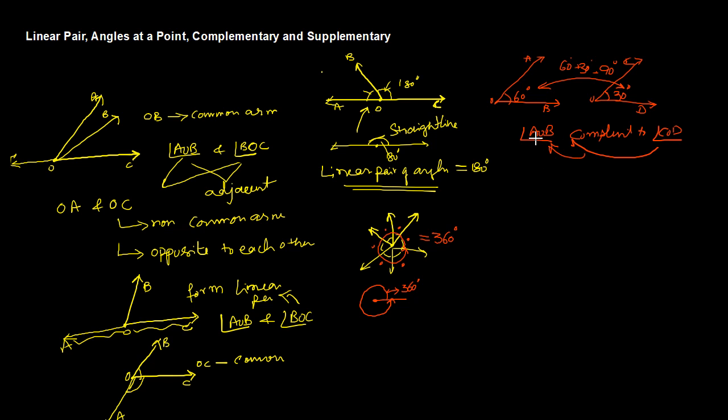In the sense, if I say this is complement to that, or that is complement to this, if I add these two angles, I am going to get 90 degrees. So that's what you need to remember.